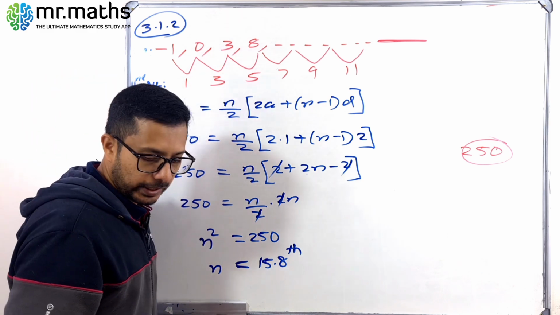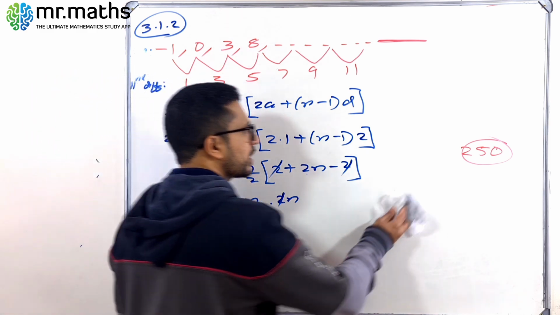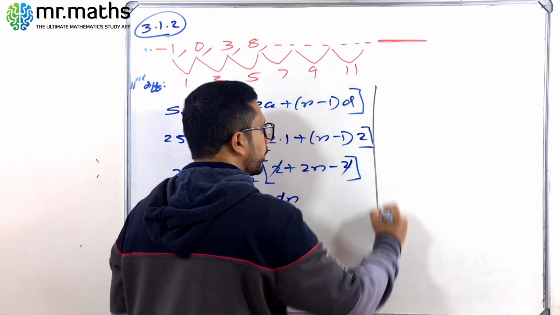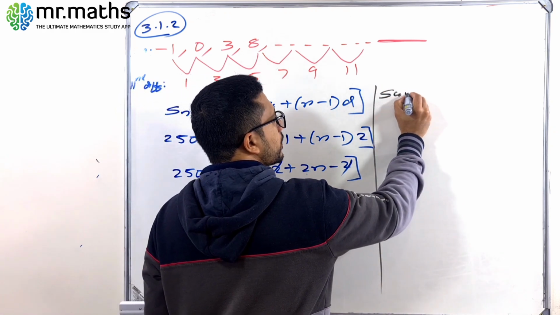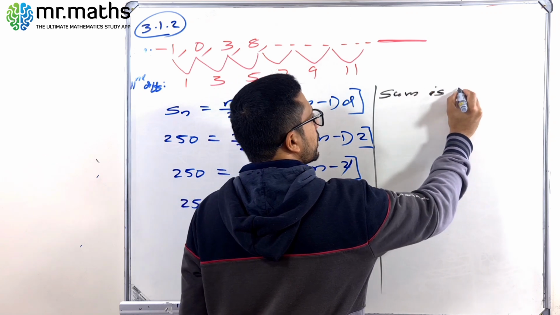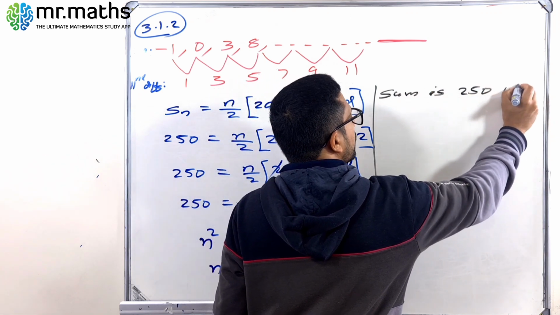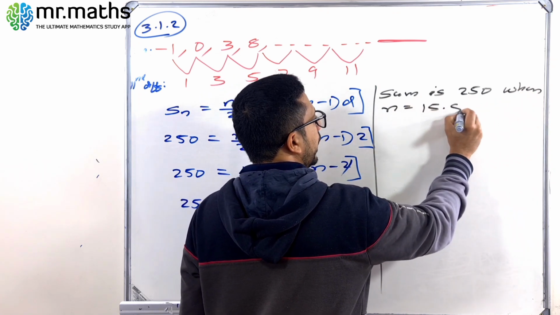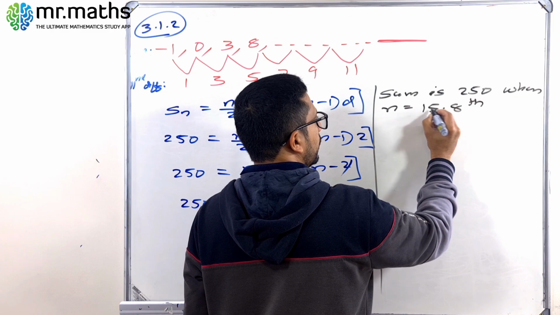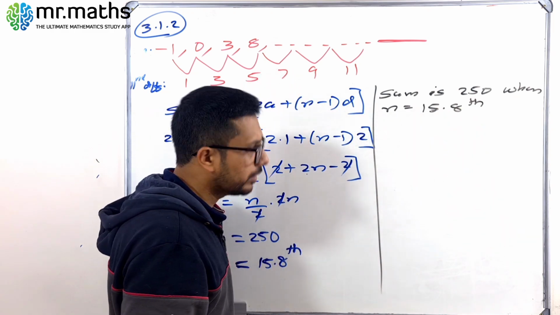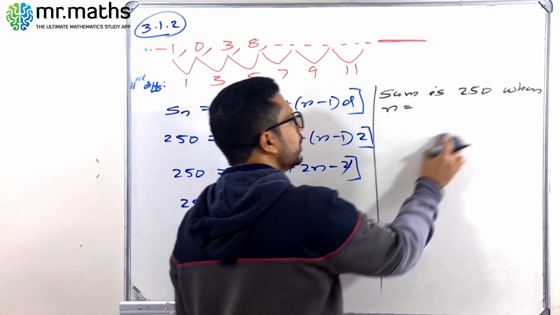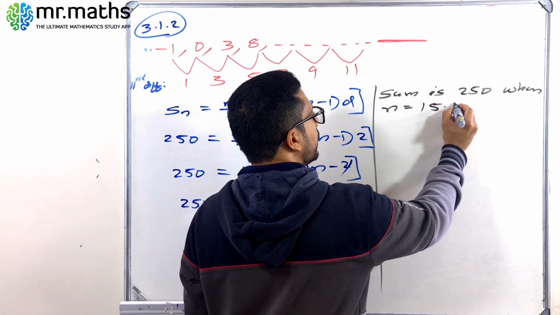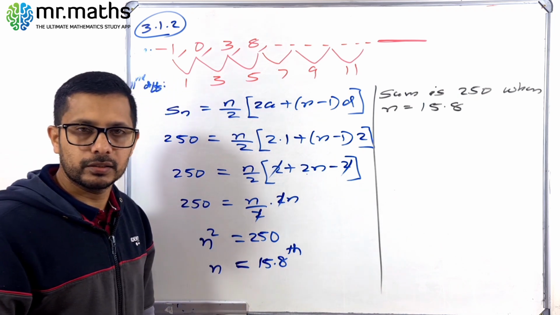Let me write it for you to understand, but when you write your exam there is no need to write it like this. Sum is 250 when n is equal to 15.8.